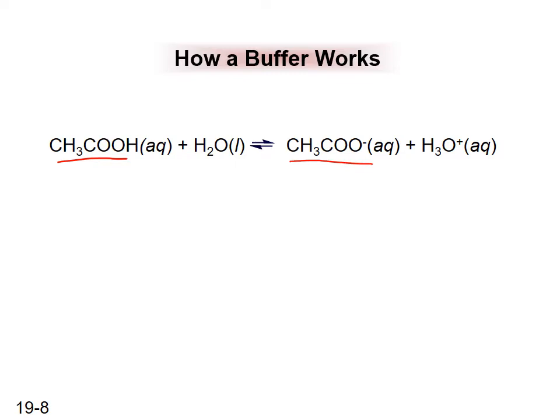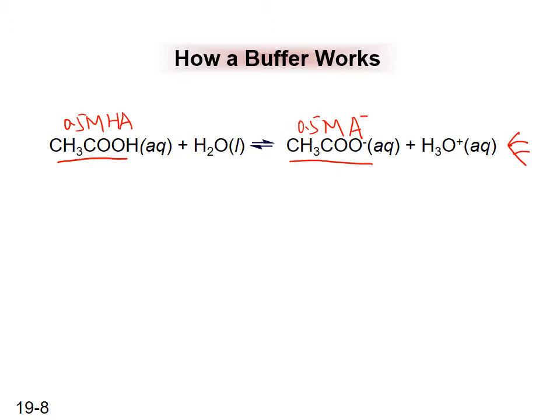The buffer solution must contain appreciable amounts of a weak acid and its conjugate base. So let's assume we have 0.5 molarity of this acid and 0.5 molarity of acetate anion. A minus represents this anion. And in the solution, there's an equilibrium between these two substances described by this equation.